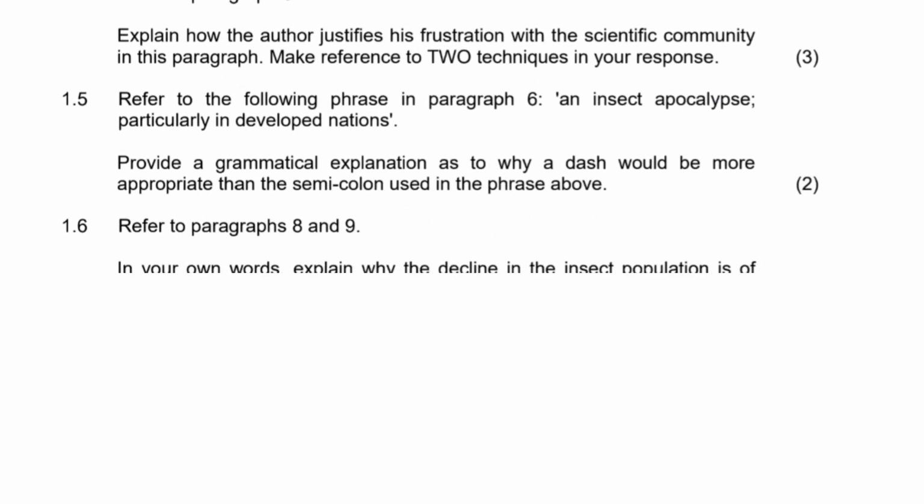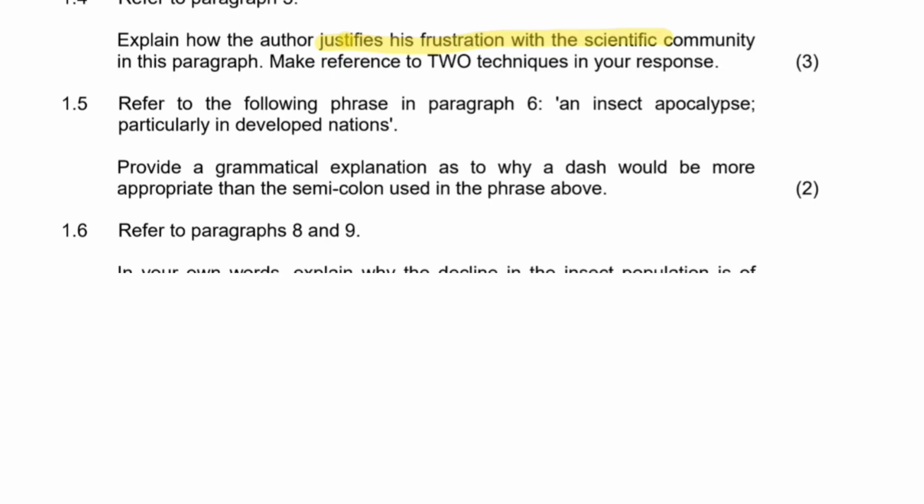Explain how the author justifies his frustration with the scientific community in this paragraph. Make reference to 2 techniques in your response. First, we must understand what the examiner is asking. Before you explain that, tell the marker what those frustrations are. Then, you must tell us how the author justifies his frustrations, but you are restricted here. You cannot just extract anything from the paragraph to justify the author's frustrations.